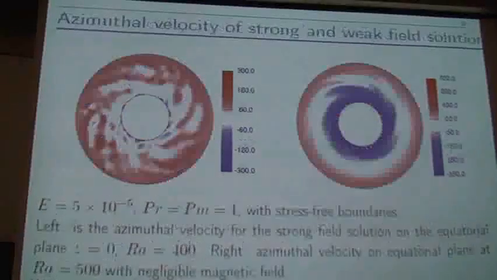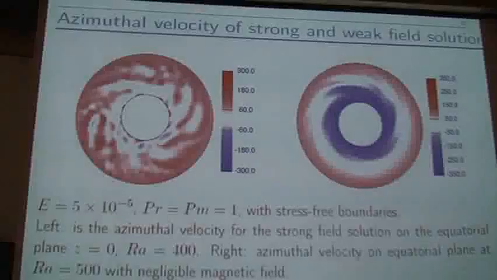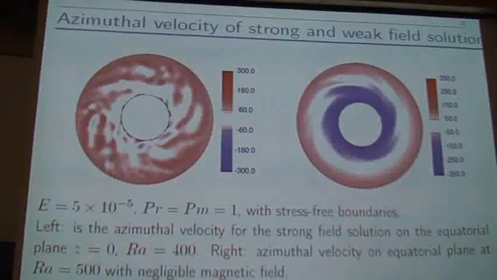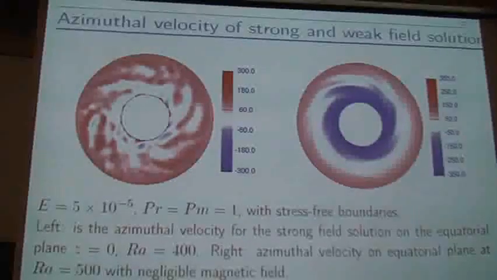I think the answer is in this picture here, which is the differential rotation picture. So this is the azimuthal velocity of the strong and the weak field solutions. This is the weak field's azimuthal flow, and that's the strong field azimuthal flow.